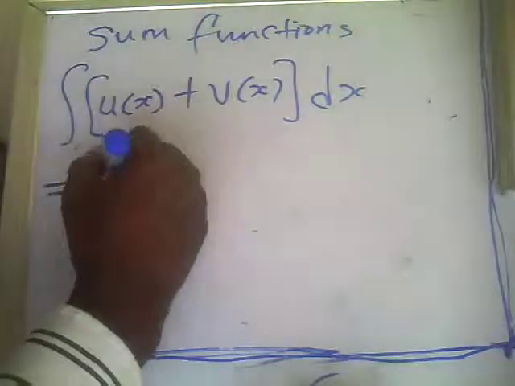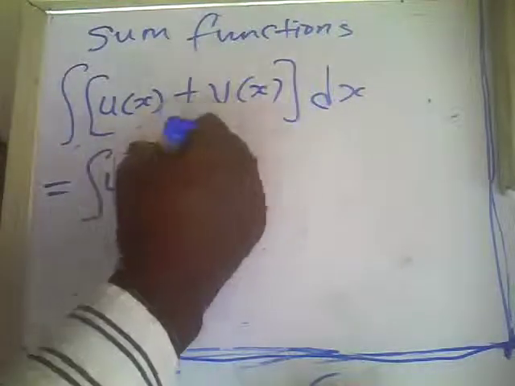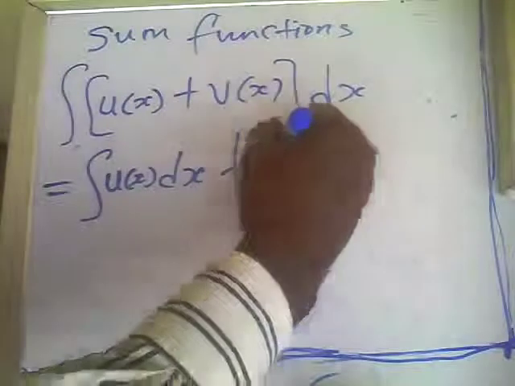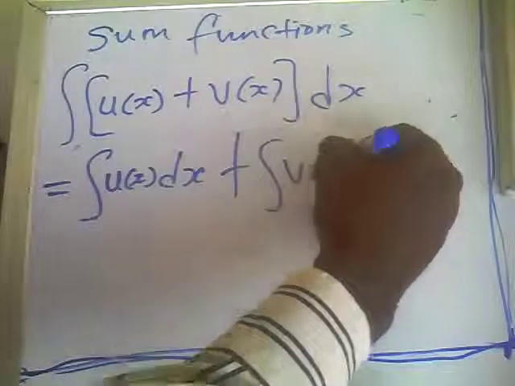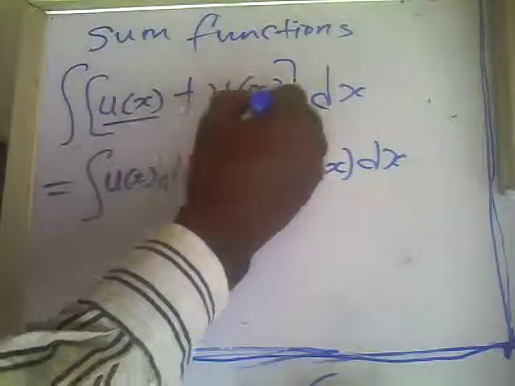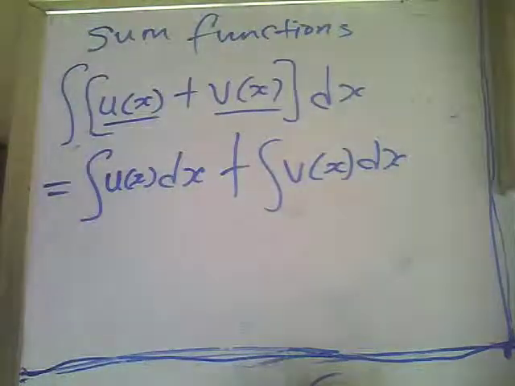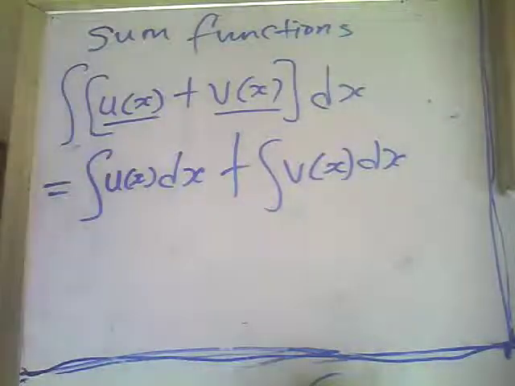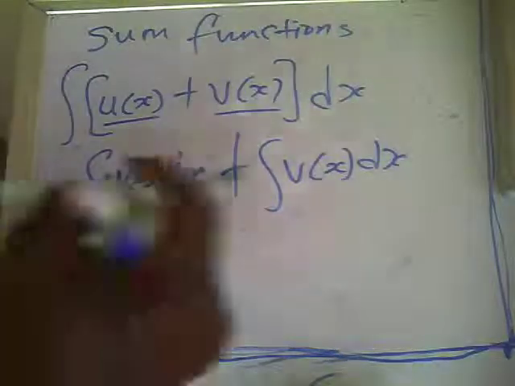So that will be the integral of u of x dx, then we add the integral of v of x dx also. That means we integrate each function individually, then we add up the result. That is the sum rule, a rule for integrating sums of functions.